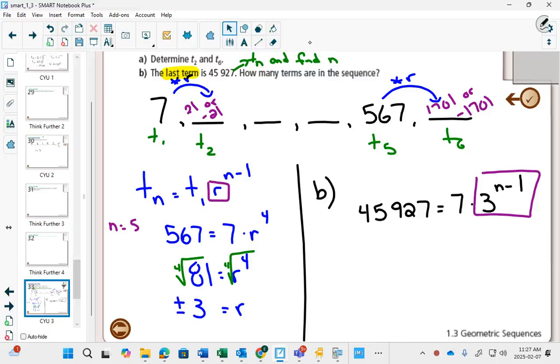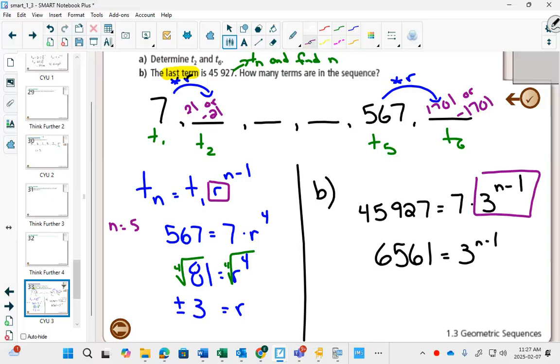If I divide both sides by 7, take out my calculator. 6,561 will equal 3 to the n minus 1. Now this is going to bother you a little bit because you're pre-calculus students, and we like to solve things algebraically all the time.